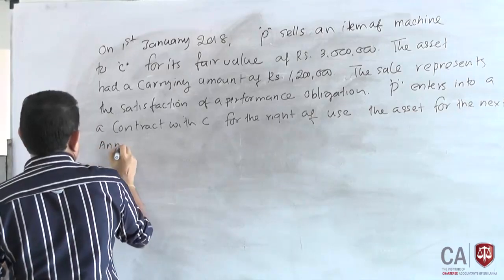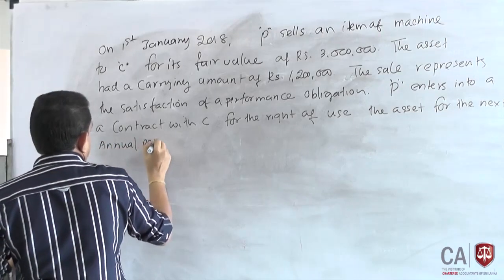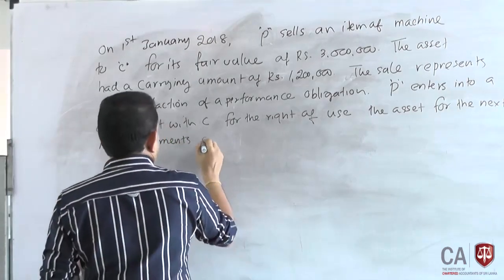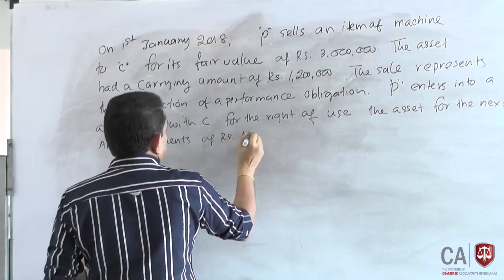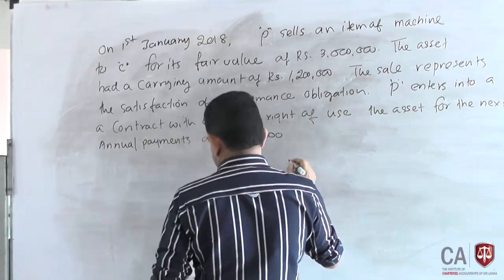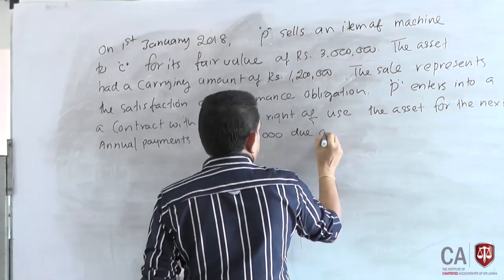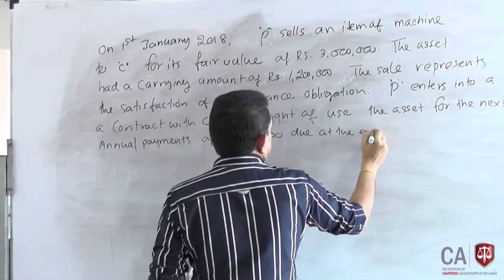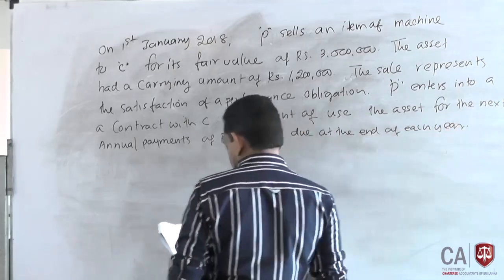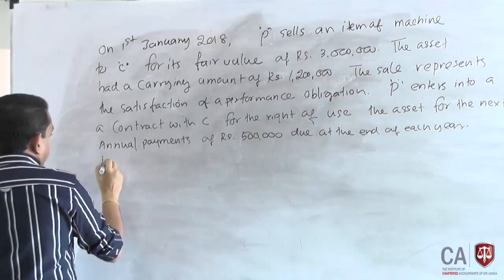Annual payments of rupees 500,000 due at the end of each year. Interest rate is 10%.